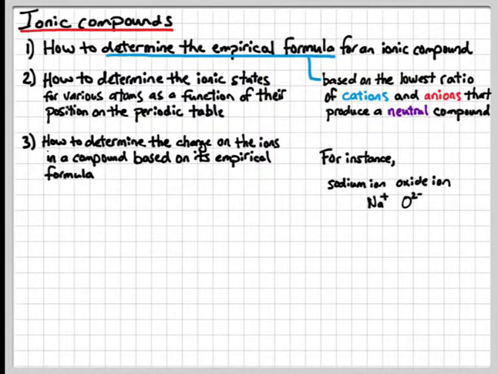One quick way of doing this is to write arrows across from the charges down to the subscripts that will become the number of ions in the ionic compound's empirical formula. So we just do crosses like this and then get a formula for this ionic compound of Na2O.